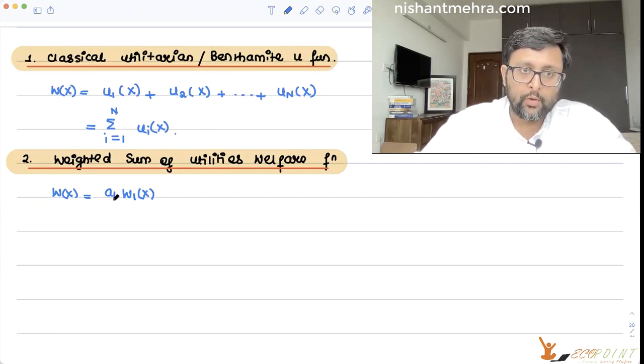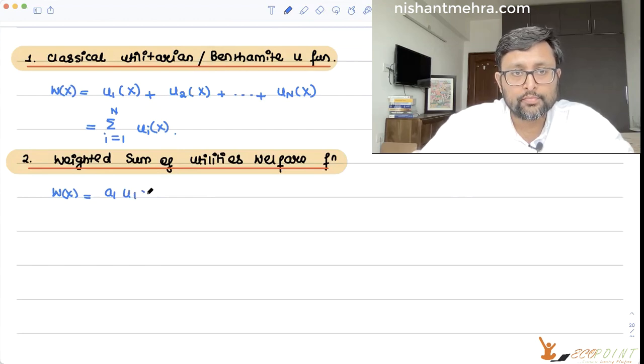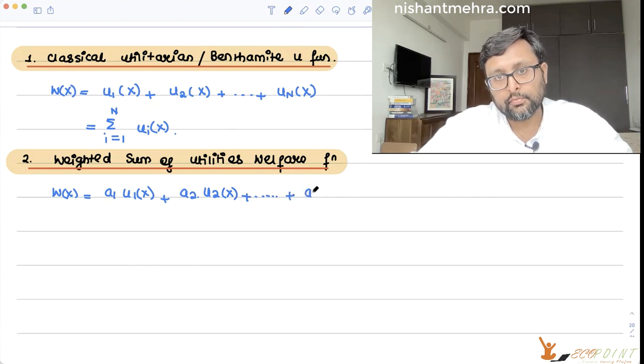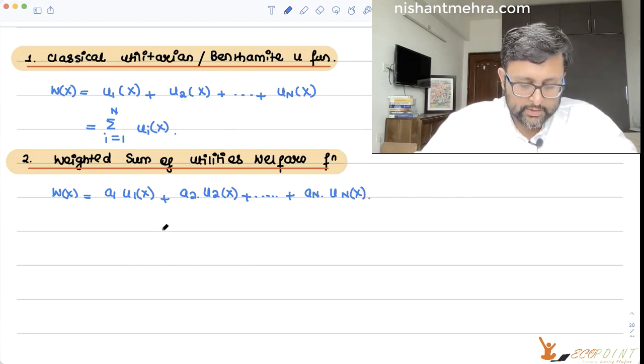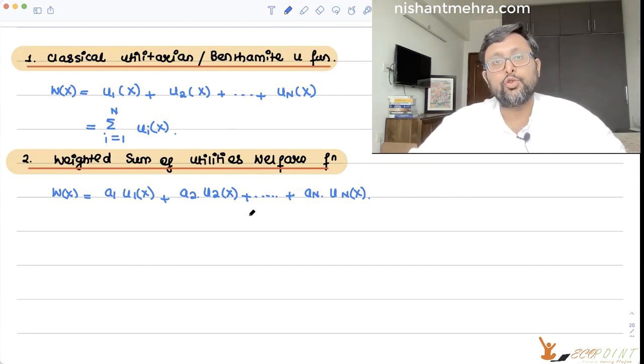A1 is the weight which is assigned to the utility which individual 1 is getting from consuming X. So A1 U1(x), A2 U2(x), and so on to An Un(x).